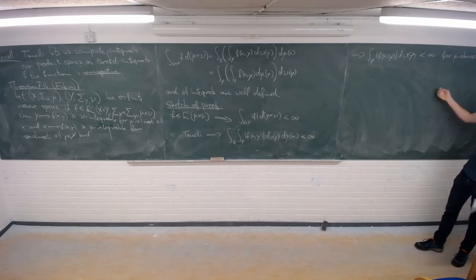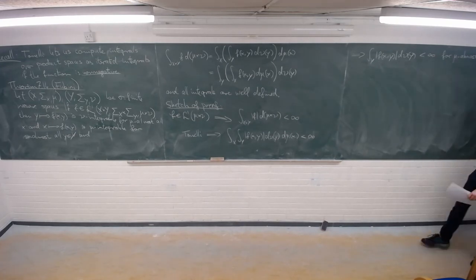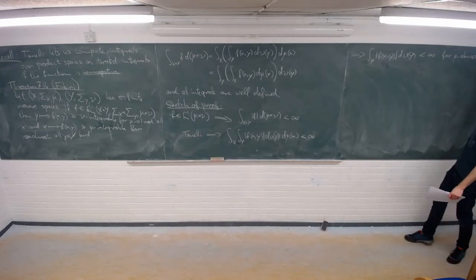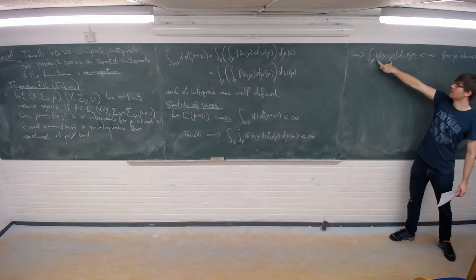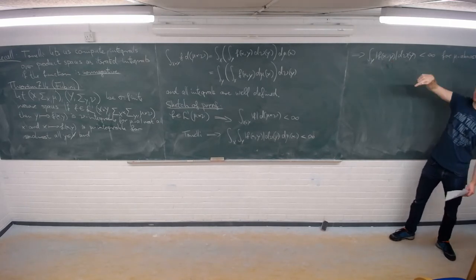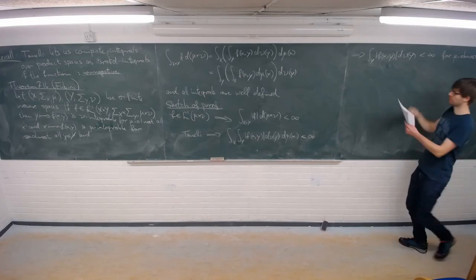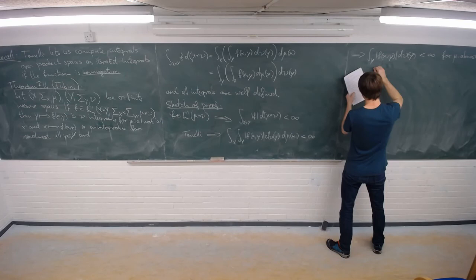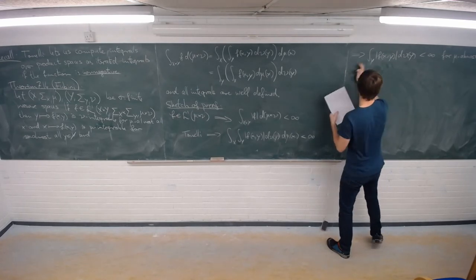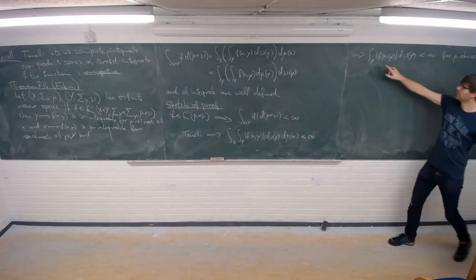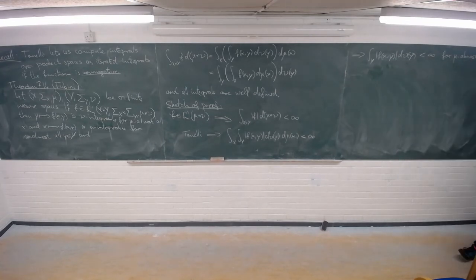Now we can apply the same reasoning again to this integral, right? So for mu almost every x, this integral is finite. No, that doesn't really matter, sorry. Forget what I just said. This integral must be finite for mu almost every x.